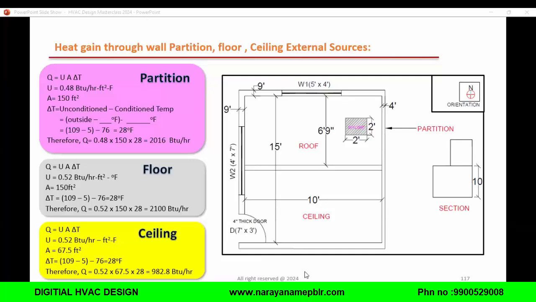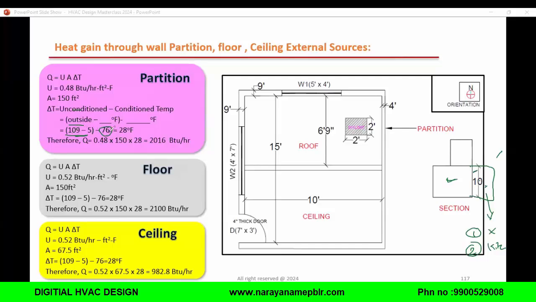Imagine two scenarios. This is our project here, and this is the partition shown here. In the first scenario we are not going to cool the other side, just as an example. The second scenario is that it is a kitchen. If you are not going to cool, the temperature there will be outside temperature minus 5, considered here as outside unconditioned, and inside you are maintaining 76.